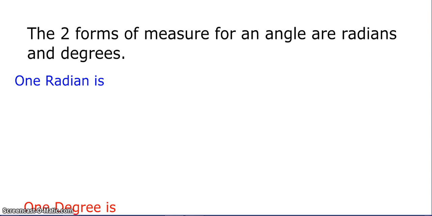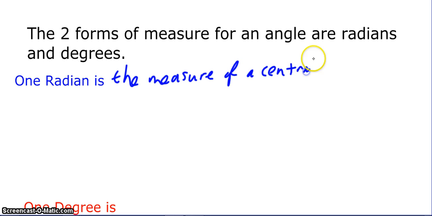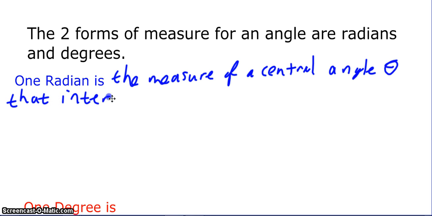Well, 1 radian is the measure of a central angle theta that intercepts an arc, I'm going to call the arc S, equal in length to the radius r of a circle.